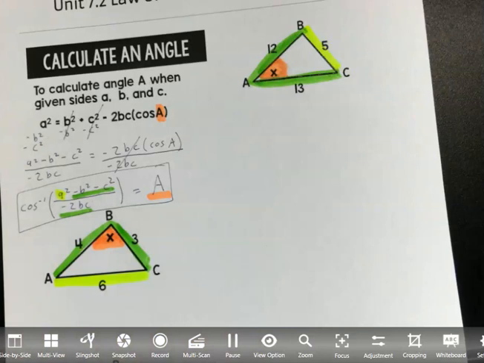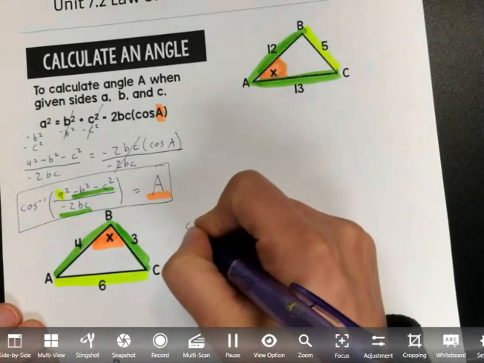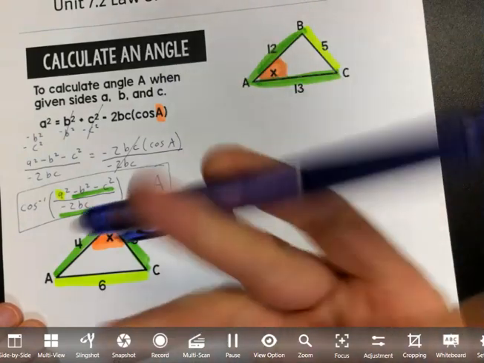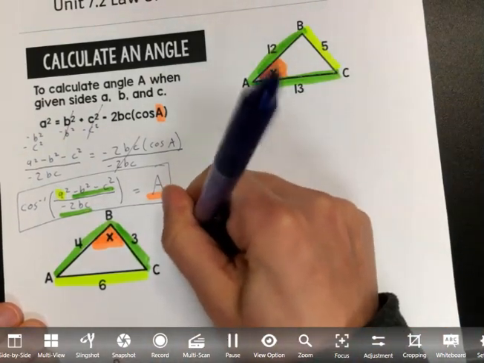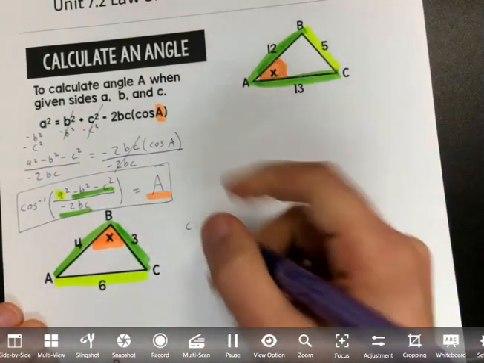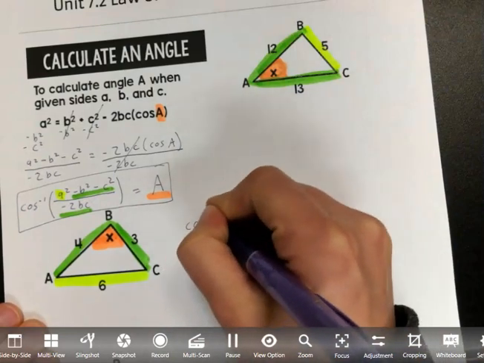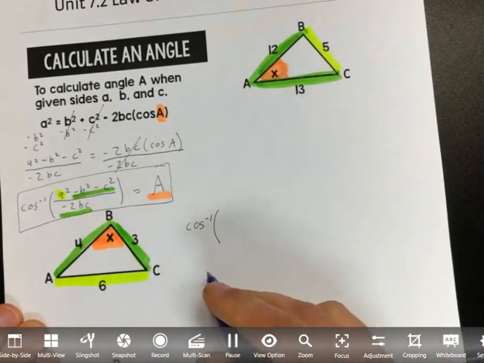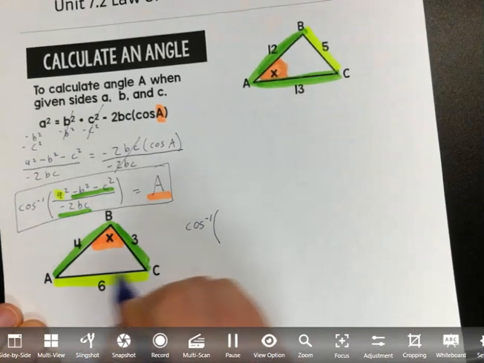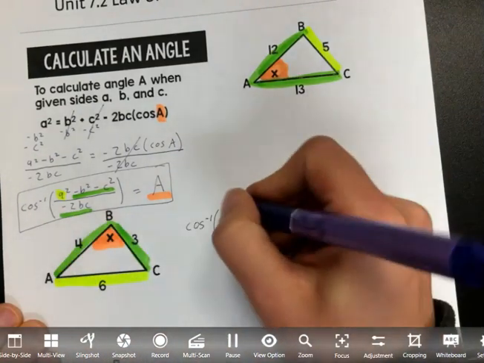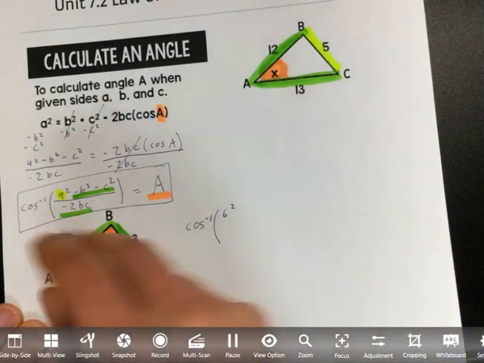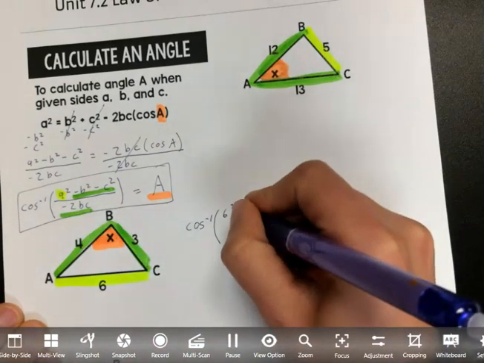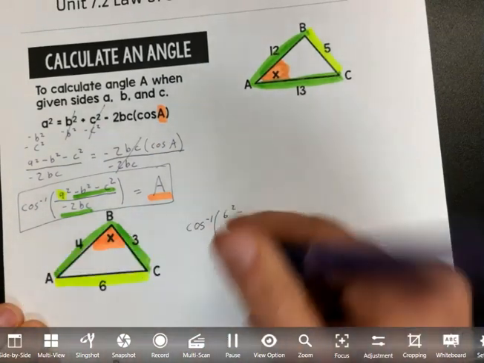So now if I have to write all of this into my formula, I'm going to say inverse cosine of yellow. First thing I put was yellow. So 6 squared, because yellow is squared right there, minus one of my green sides squared.